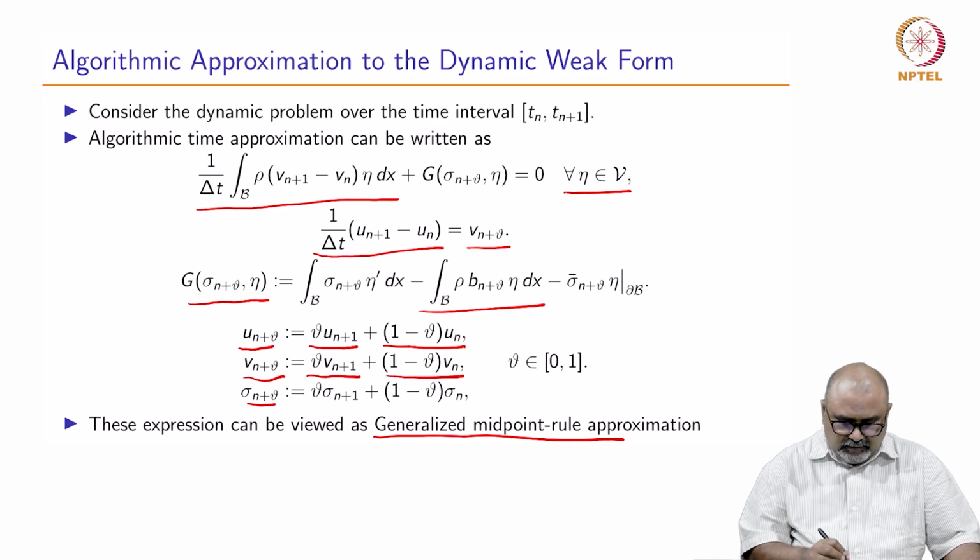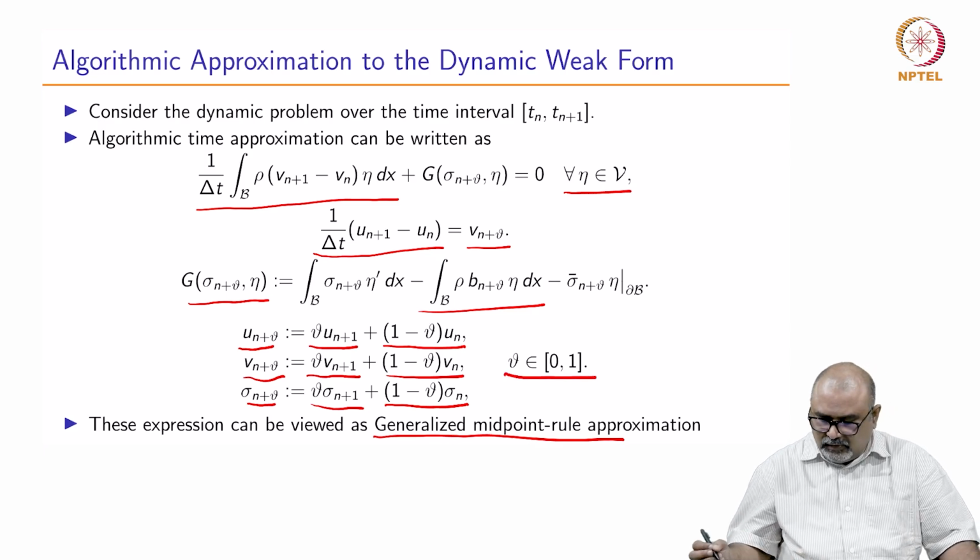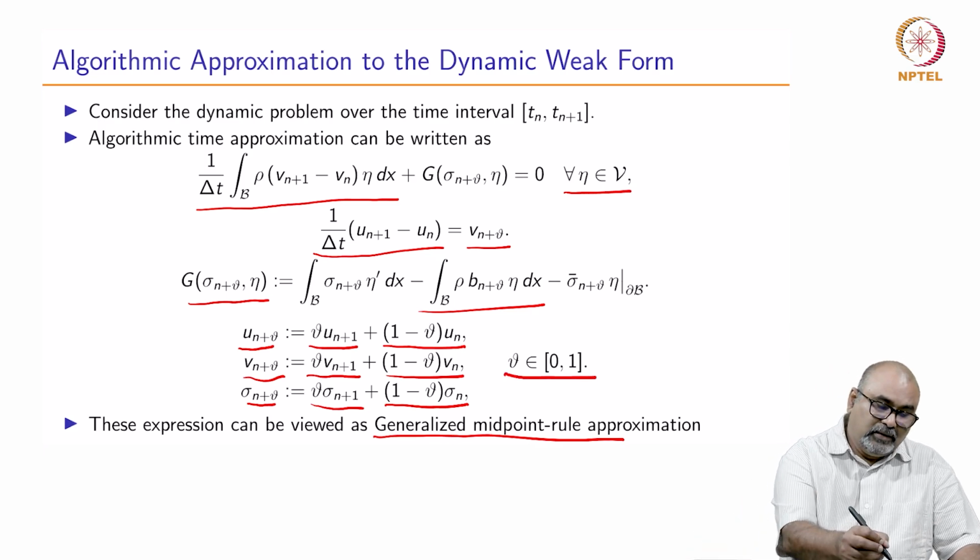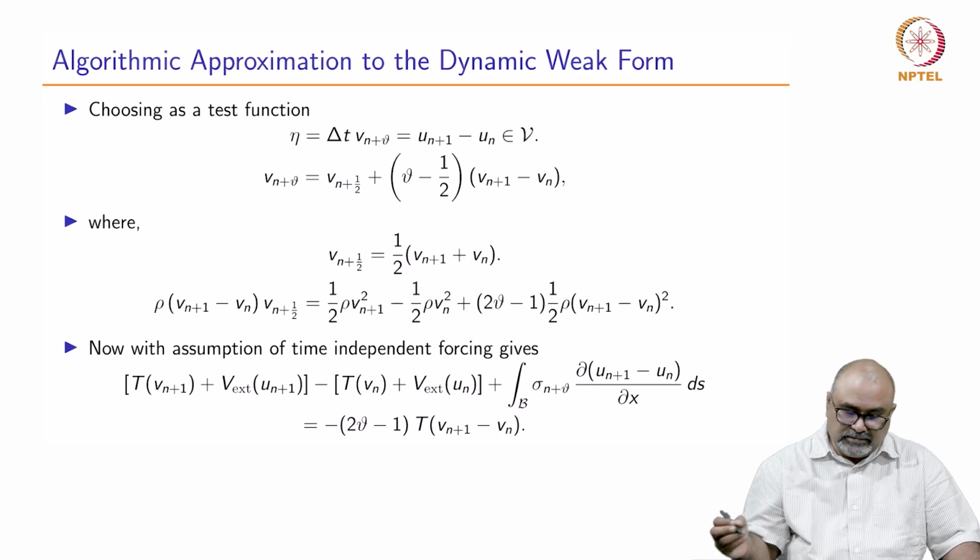Similarly, for the stress field, we can define by a generalized midpoint rule as ψ times sigma_{n+1} plus (1 minus ψ) times sigma_n, where this factor ψ is having a value lying between 0 and 1. So, different possibilities exist for various values of ψ.